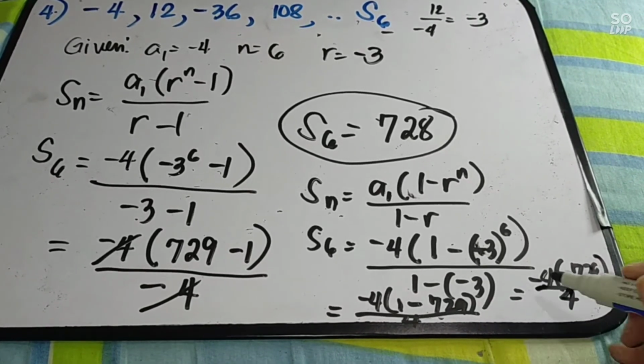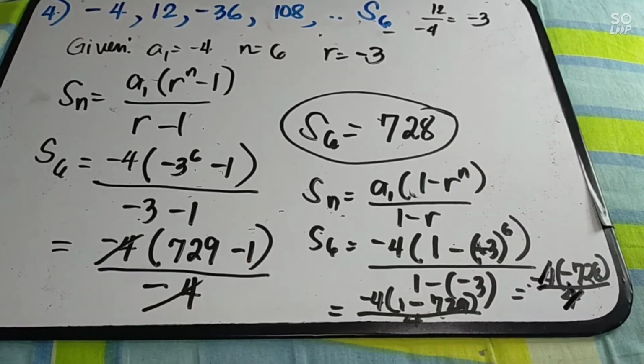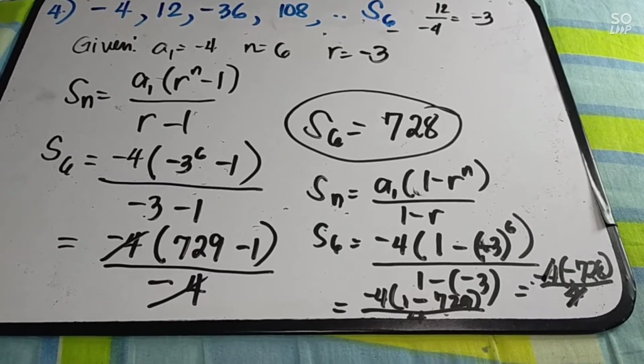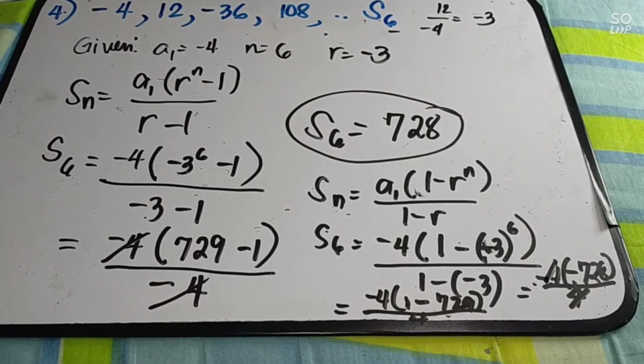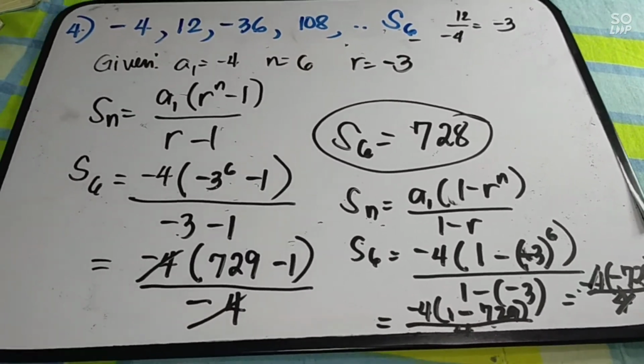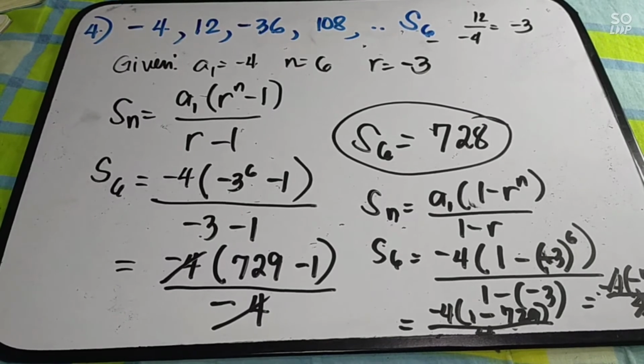Pero, magiging same answer pa rin to. Ito makakancel. Negative times negative, magiging positive 728. So, kahit ano naman doon sa formula ang gamitin nyo. Sinabi ko lang naman sa inyo kung para saan talaga yung formula na gagamitin nyo para iwas kayo sa negative numbers. Is it clear?